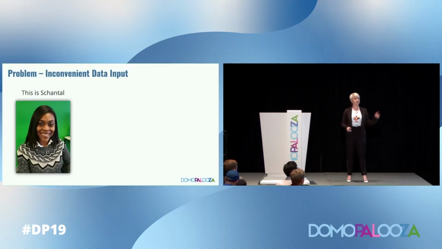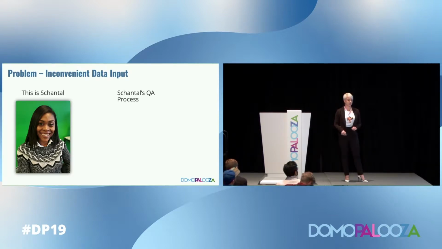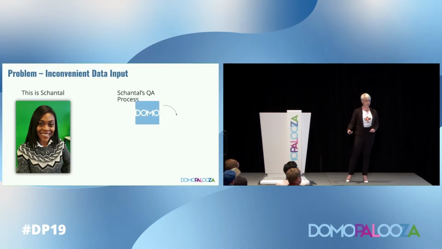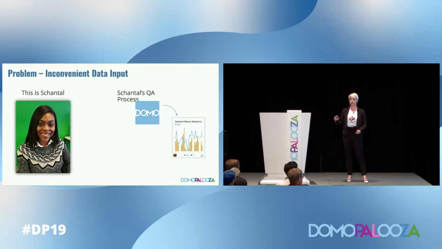So this is Chantel. She is an analyst out of our operations department, and one of her main functions is to provide the QA for returned checks. And her general process for doing this is she logs into Domo, she navigates to the card that she uses to analyze these checks.